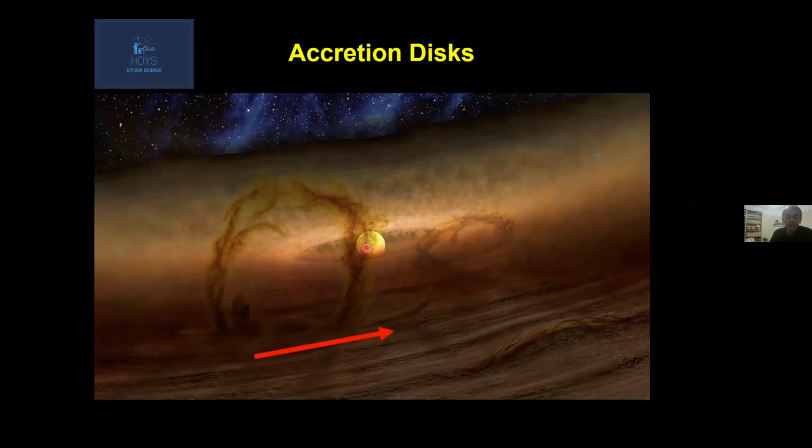Now, what that does is it will simply dim the starlight, and it will also make the starlight red. And it will do that for as long as this material needs to, in its orbital path, to cross in front of the star. Once it's on the other side, the star will return to the normal brightness it has. And in this case, a little bit later, you would get a second dip in the brightness that you can also measure.